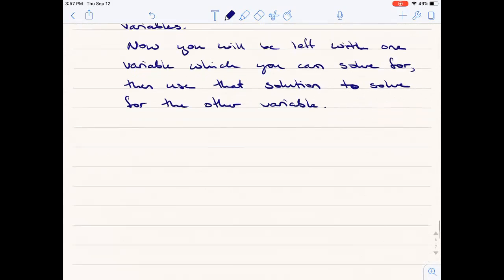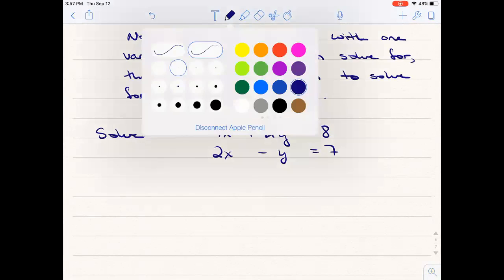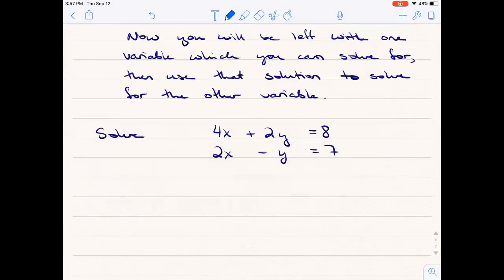Let's see these in action. Again, I'll just use the one that we had before. Solve 4x plus 2y equals 8 and 2x minus y equals 7. I find it helpful to label each equation as equation 1, equation 2.